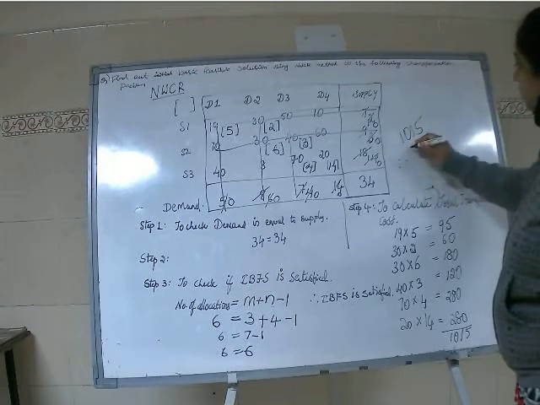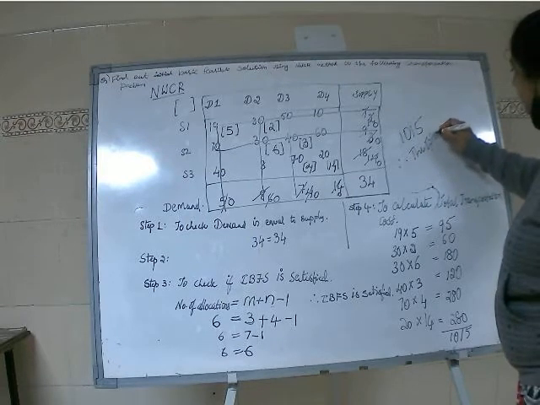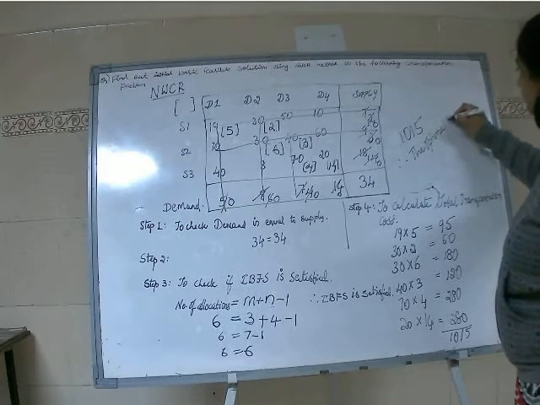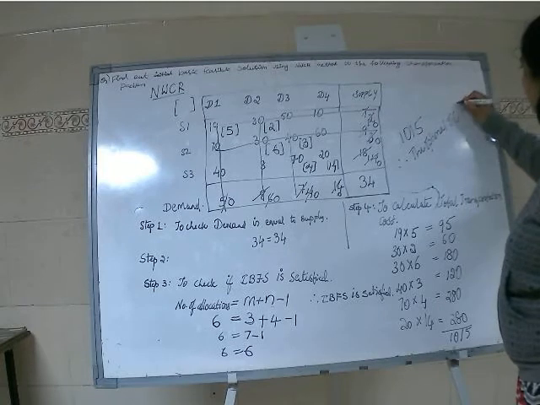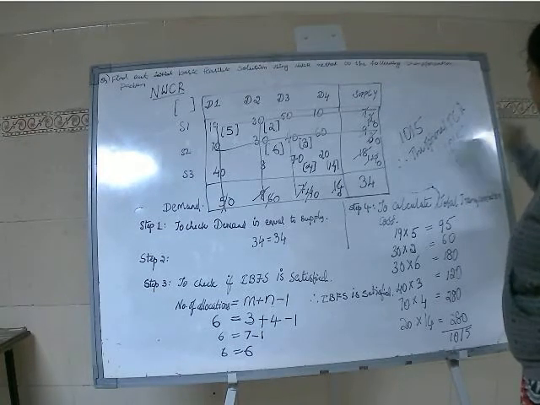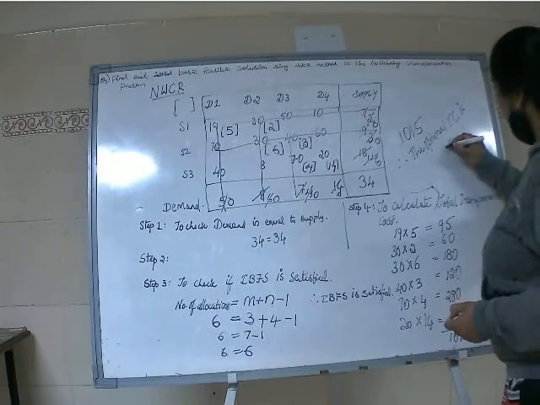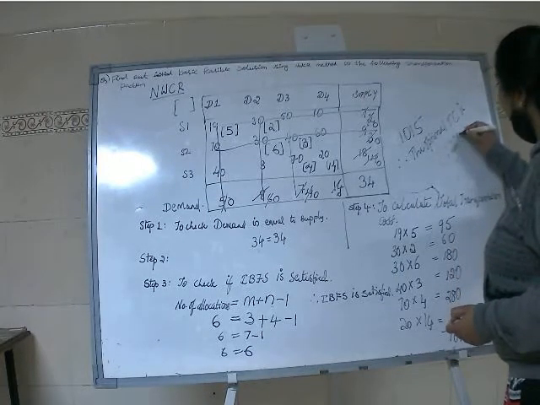Therefore, the optimal transportation cost is 1015. Okay students, it is 1015.